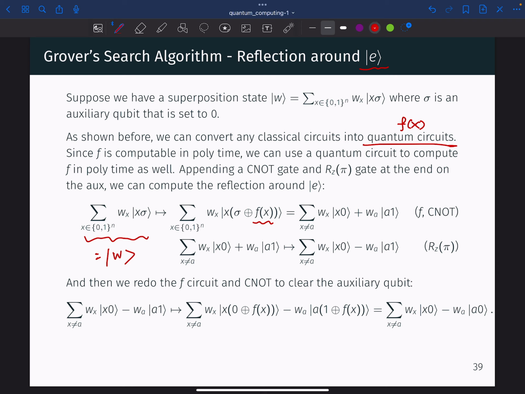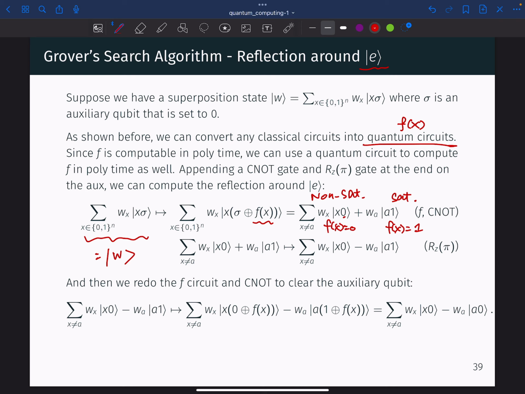The first part is the non-satisfying assignments, and the second is the satisfying assignments, which is the A. For the non-satisfying case, f(x) equals 0, so this auxiliary bit will be 0. And for this case, f(x) equals 1, so the auxiliary bit is 1.